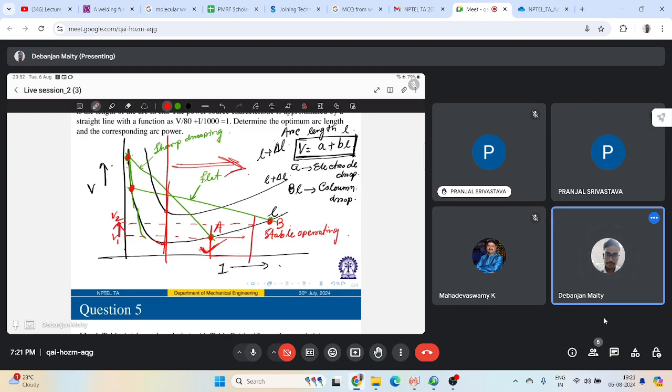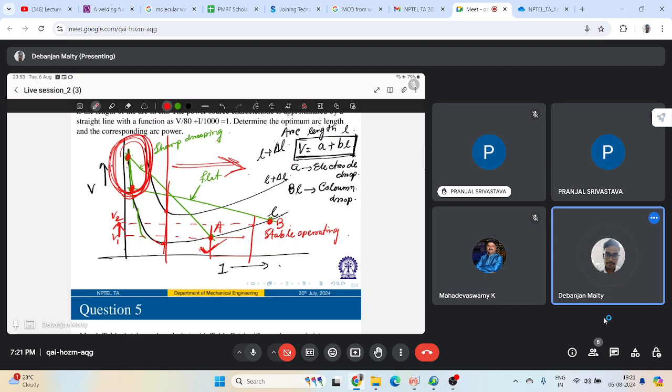It will definitely happen that your arc length is getting changed, so there will be disturbance in your voltage-current characteristics. Any disturbance can be automatically opposed and operating points will return to their original values, which is not the case for this region. So that's why this is called the unstable operating region. This is called stable operating points, right?